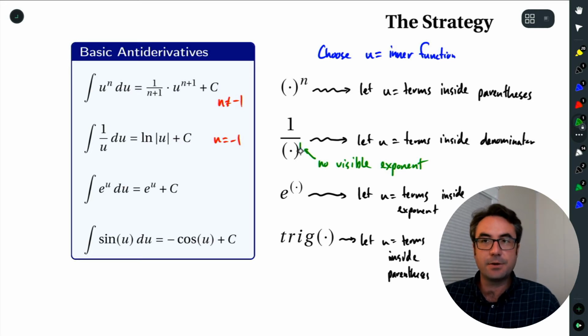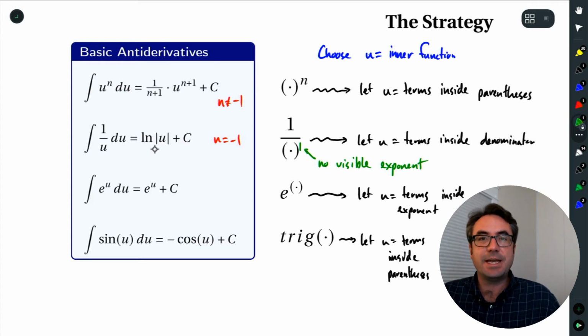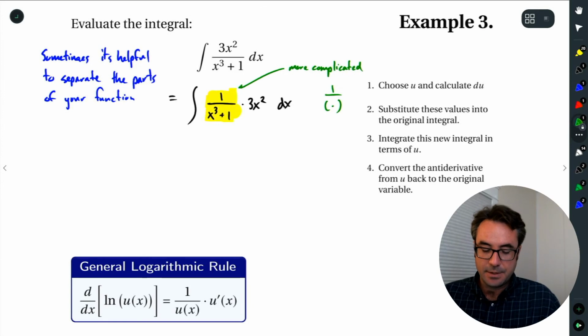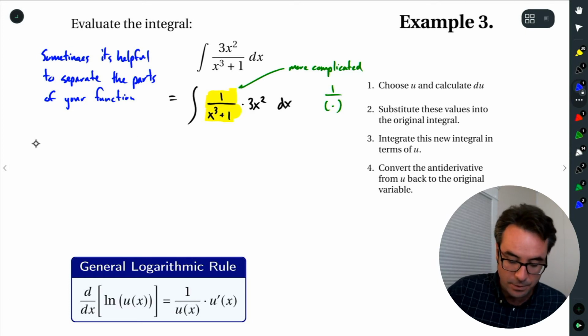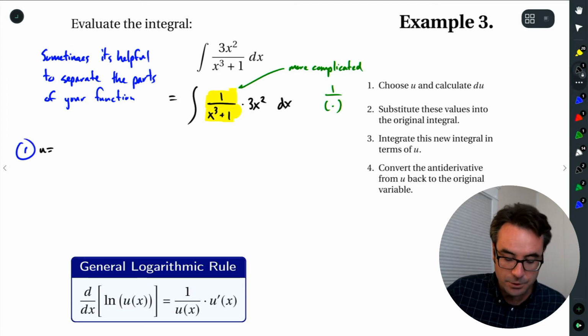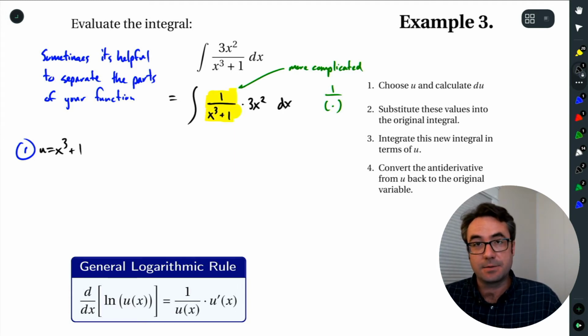If there was a 2 down here, then you would rewrite the fraction with negative exponents and let u equal the term in the parentheses. So this exception case is when we have no visible exponent on the term in the denominator, and that's precisely what we're seeing here. We have 1 over some stuff, with no visible exponent surrounding everything in the denominator. So we're going to let u equal those terms in the denominator, x cubed plus 1. All right, that's the hardest part.